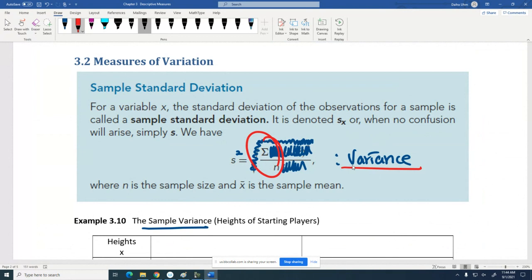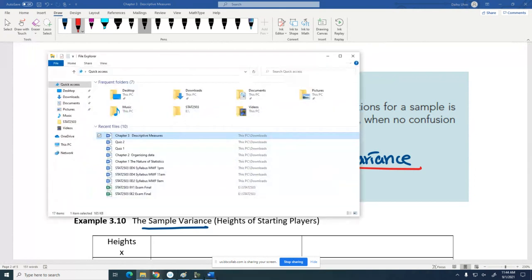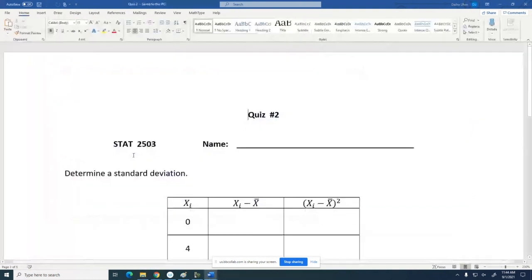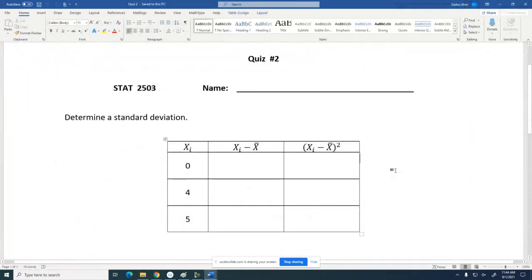Squared distance from the center, from the mean, right? So please try to understand why we need a variance, why it is an average, a measure of the variation. Okay? So please try to understand the sample variance and the sample standard deviation in another way.